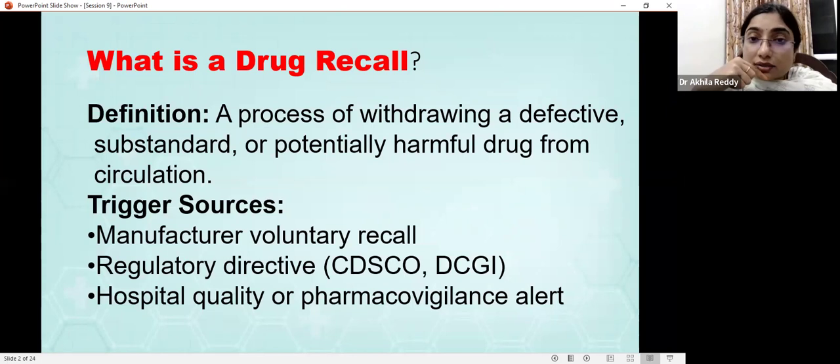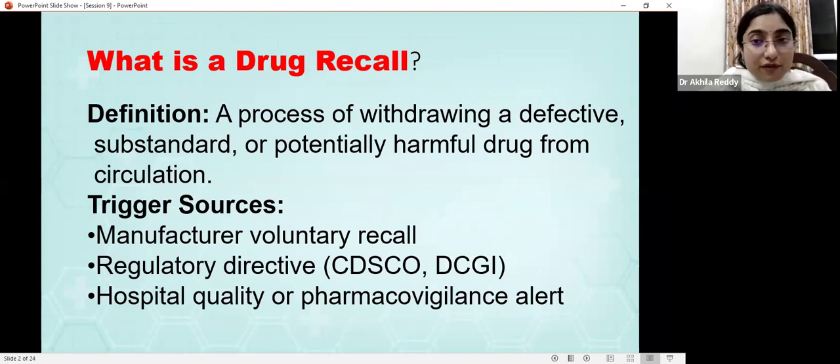And some molecules will be launched in the industry, but after a regulatory directive from the CDSCO or DCGI, they will do the recall, saying these molecules cannot be launched in the market, cannot be given to the patient due to some quality defects, and cannot be sold. There might be a batch, a complete molecule, or a brand.